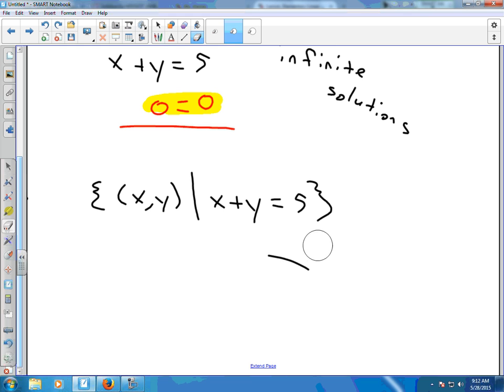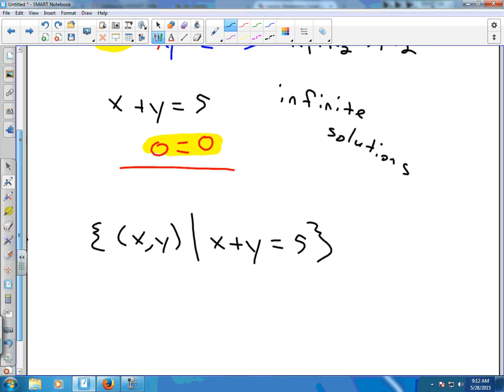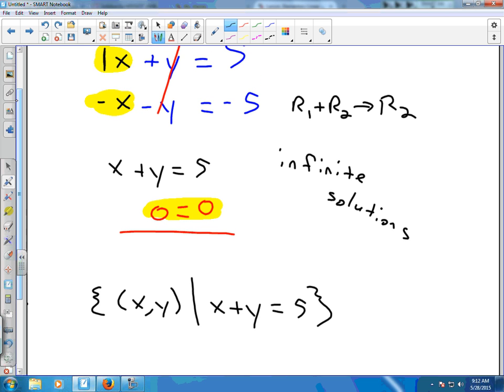Now, in linear algebra, we handle writing the solution set a little differently for many reasons, mainly because often we don't necessarily have just two variables and different kind of weird things can happen.